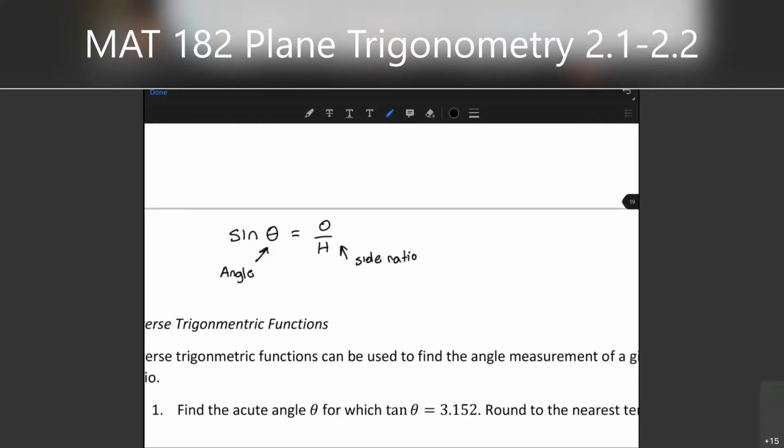By definition, it takes in an angle as an input, and it gives back a side ratio as an output. That's our basic sine function.